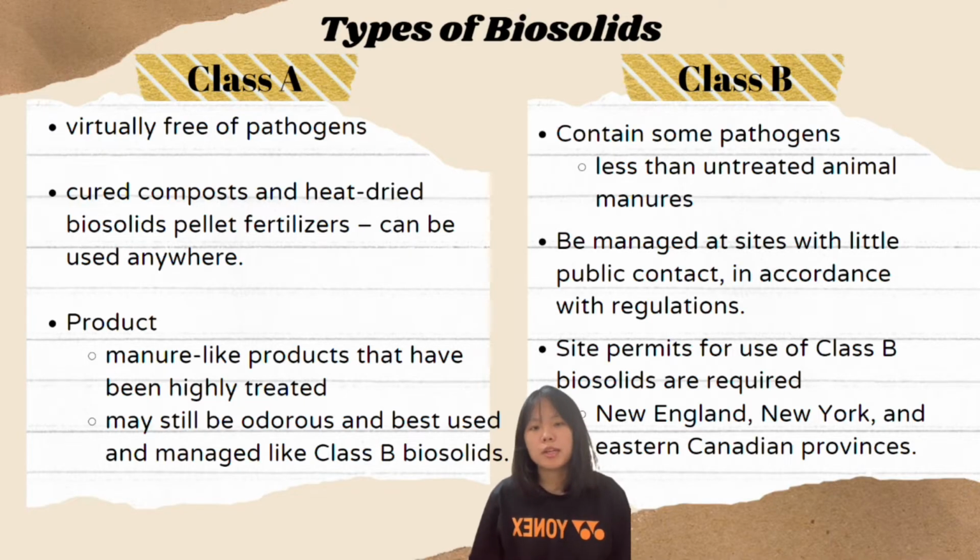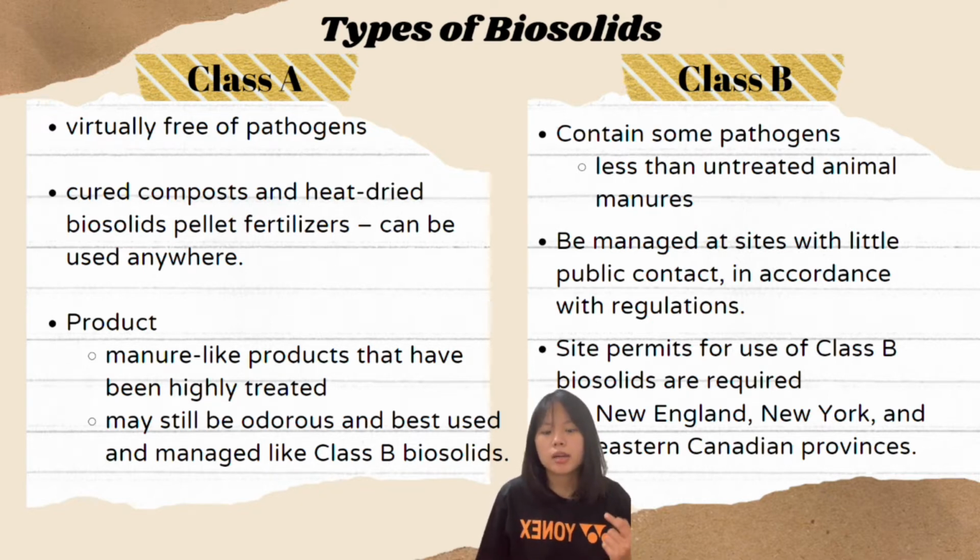For the types of biosolids, they are classified into two, class A and class B. Class A is virtually free of pathogens, but class B still contains some pathogens, though less than untreated animal manures. Class A, such as cured compost and heat-dried biosolid pellet fertilizer, can be used anywhere. Class B must be managed at sites with little public contact in accordance with regulation.